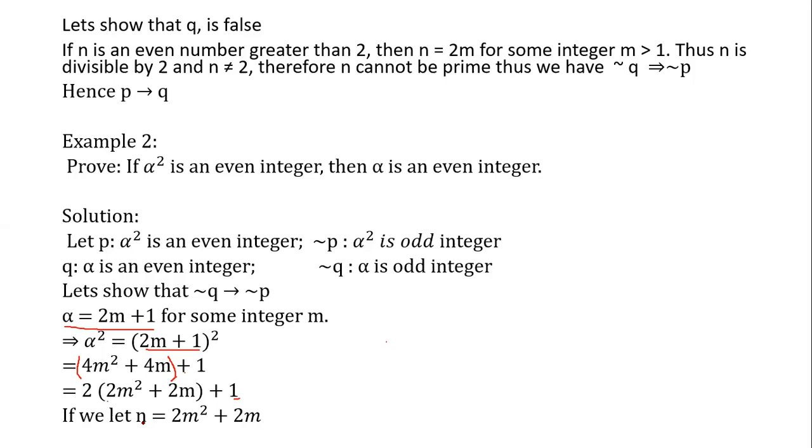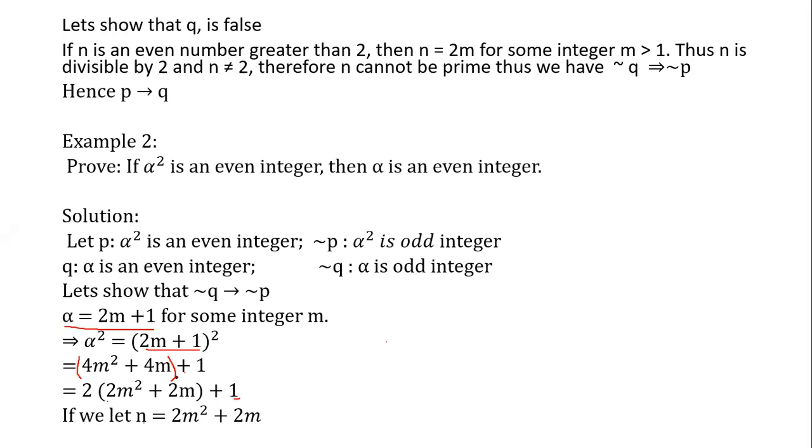Or we can also check whether 4m squared plus 4m plus 1 is odd or even by dividing by 2. If we divide by 2, it becomes 2m squared, 2m, but here it becomes a half. So we are now having a fraction. Hence, 4m squared plus 4m plus 1 is not divisible by 2.